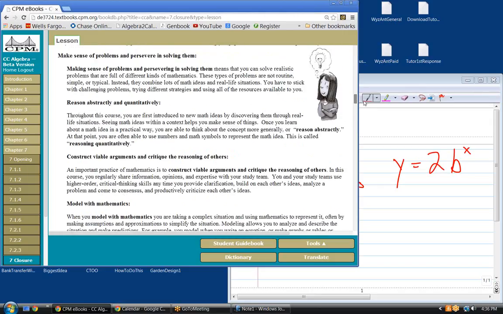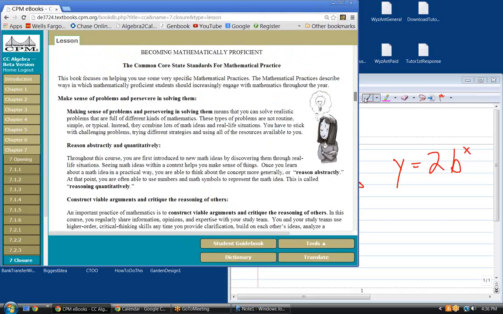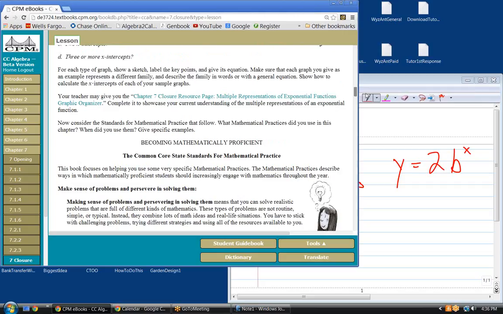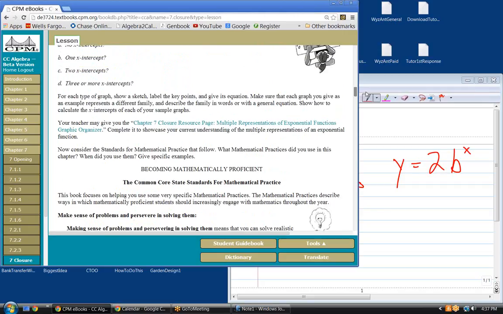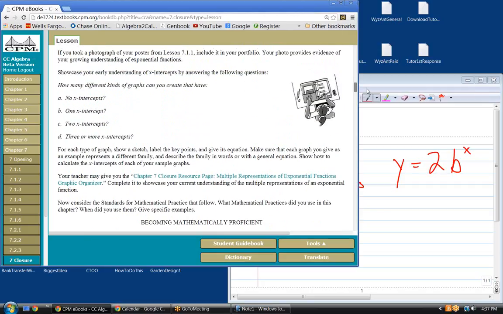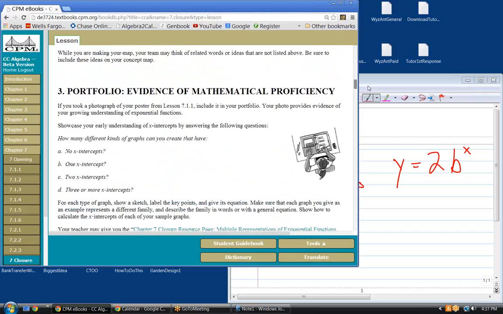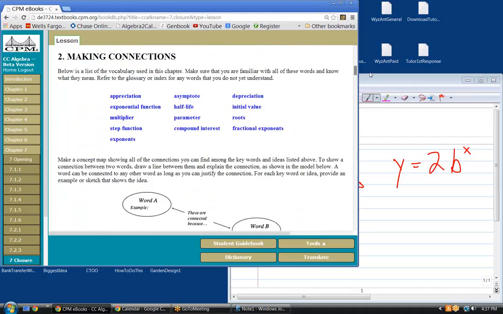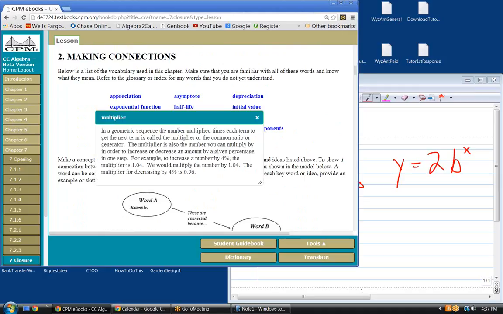Let's see if they tell us what a multiplier means. Multiplier.